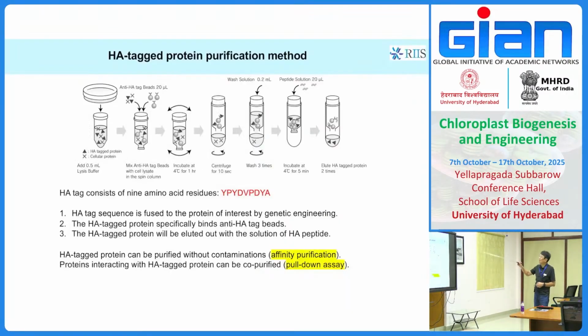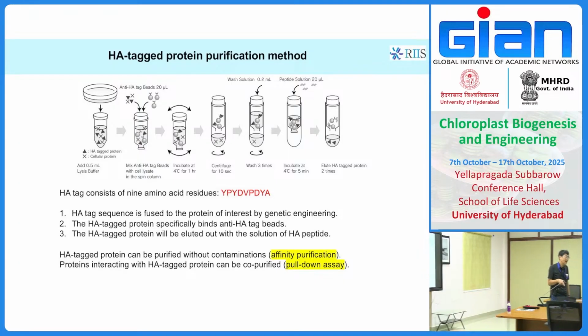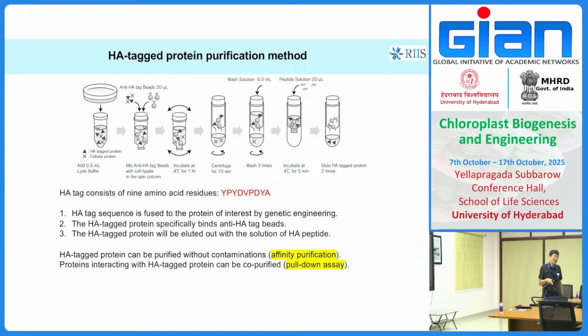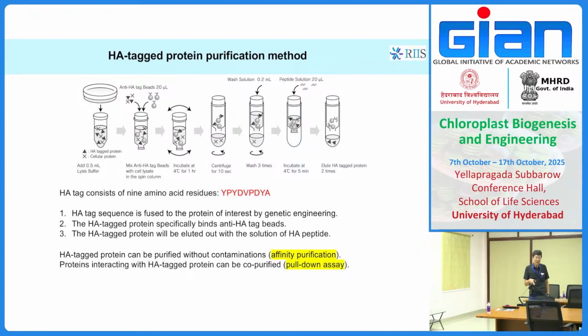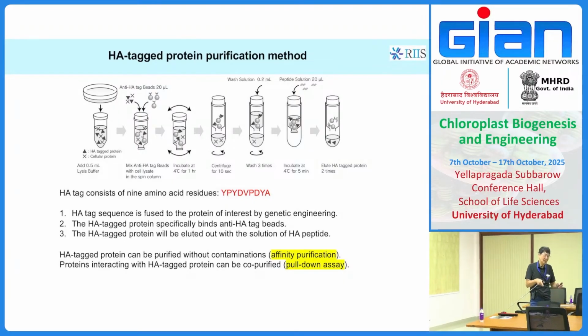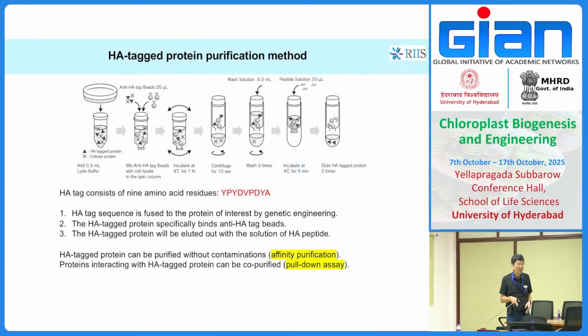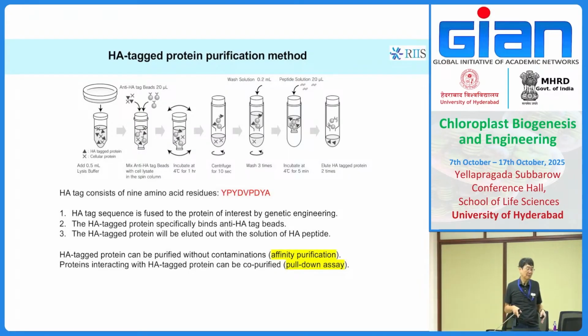So this is a method. First we transform the chloroplast gene, YCF3 or YCF4, and then HA-tagged genes are introduced. Then we check that even after fusing an HA tag at either the N-terminal or C-terminal, it still works, because PS1 is assembled.